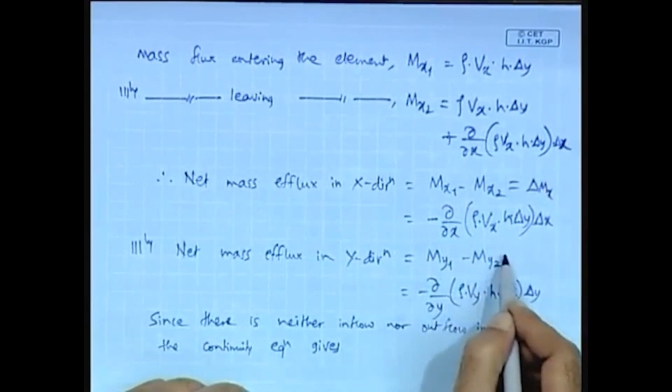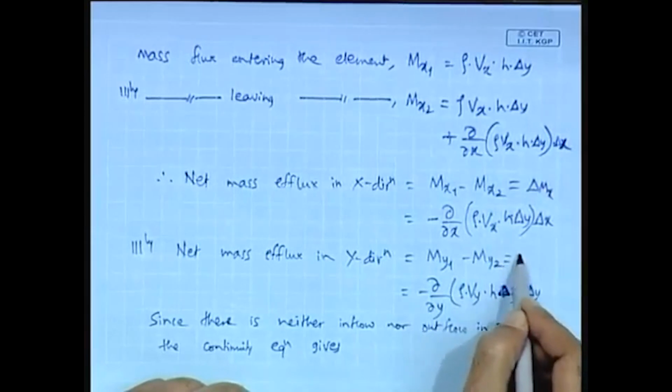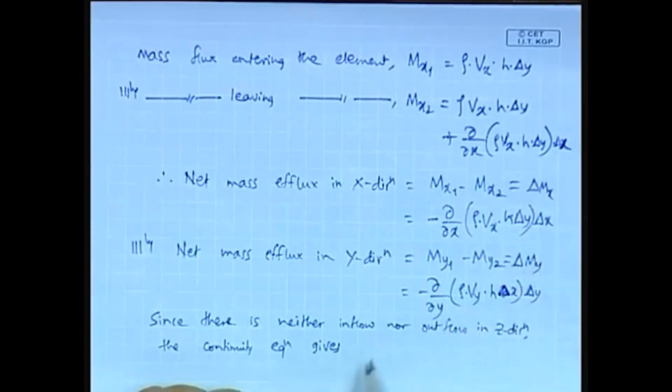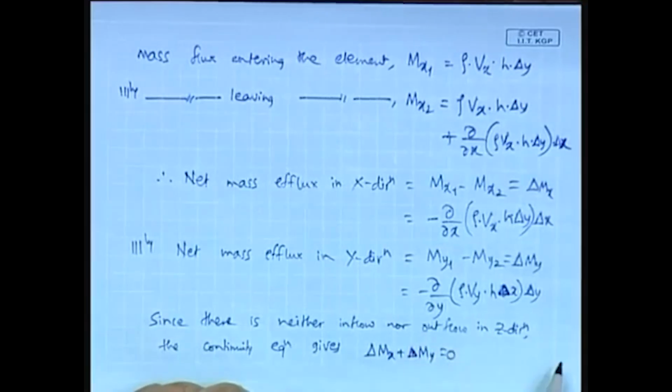Similarly, my1 minus my2 is denoted by delta my. So, therefore, this delta mx plus delta my is equal to 0.